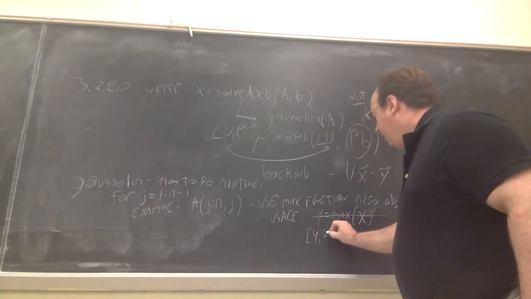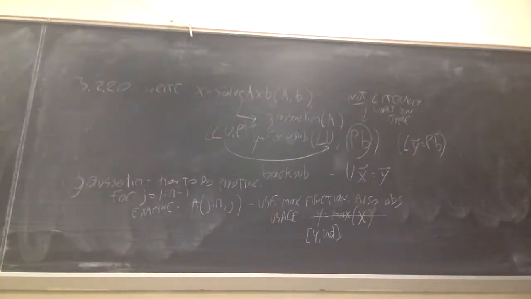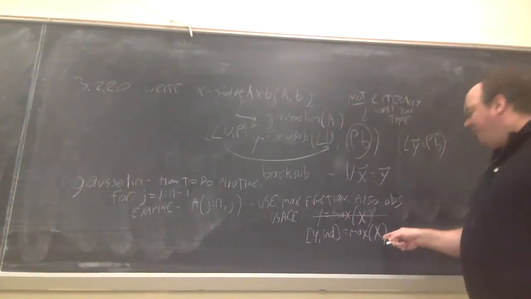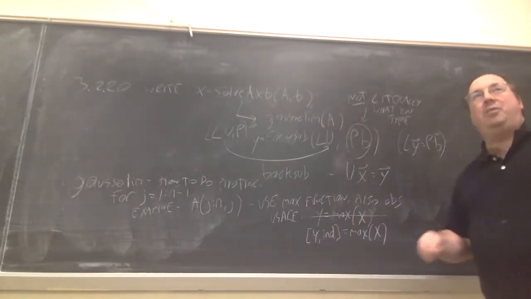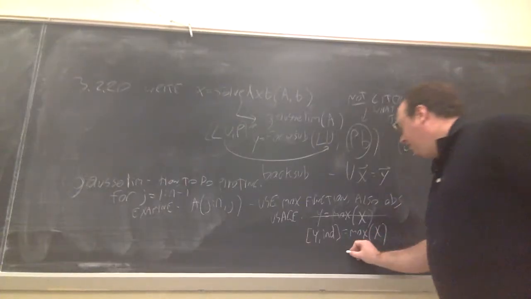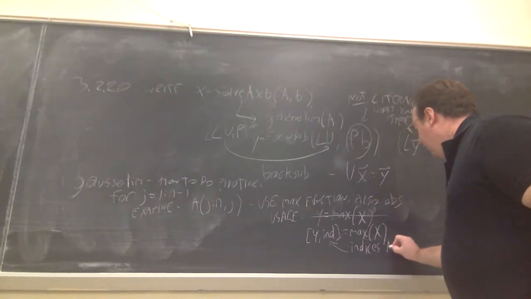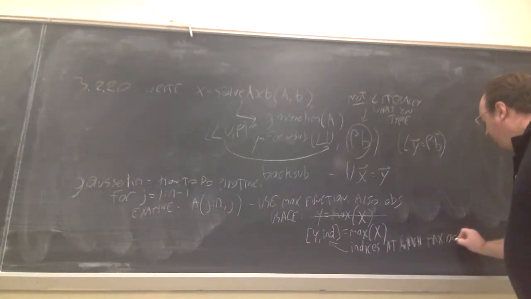I'm going to add a second output, which I'll call ind for index. Whatever you pass in here to take the maximum of, this will tell you the actual maximum value, which is not really what you care about. This is what you care about: what index, or I should say indices, at which the maximum value occurred.